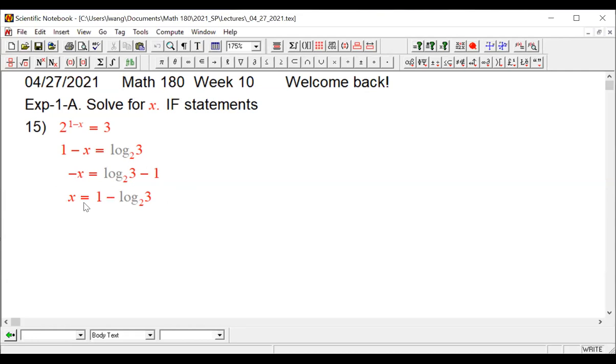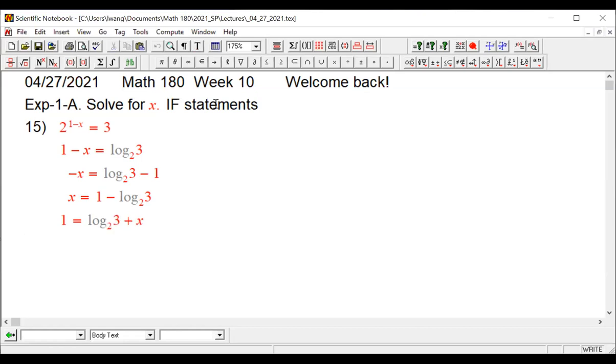But what I did here is that I simply added x on both sides. Have some flexibility in algebra. So I'm adding x on both sides and subtracting this guy.